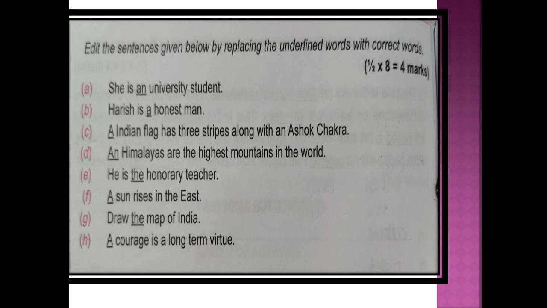No, we are talking about a particular quality, and that too is an abstract noun. So we are going to use the courage. The courage is a long term virtue. So a will be replaced by the word the. So the courage is a long time virtue.